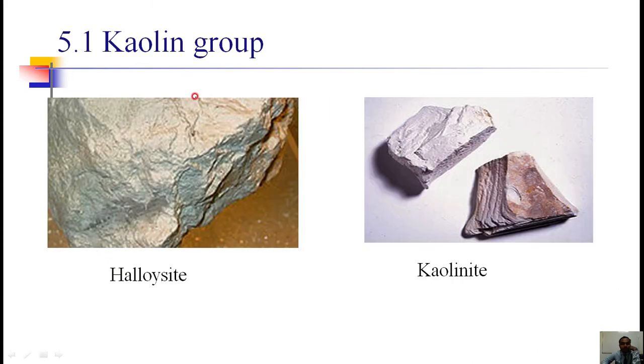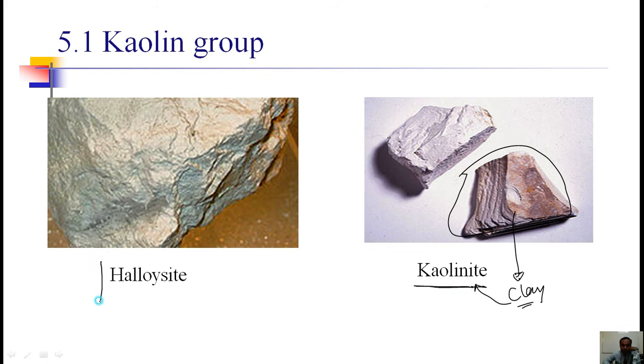The first one is the kaolinite group. Here you can see kaolinite looks like this. This is actually rock, and when this rock weathers, when this mineral weathers, it becomes small particles, then it becomes a clay, and the clay's parent, the clay mineral, is kaolinite.